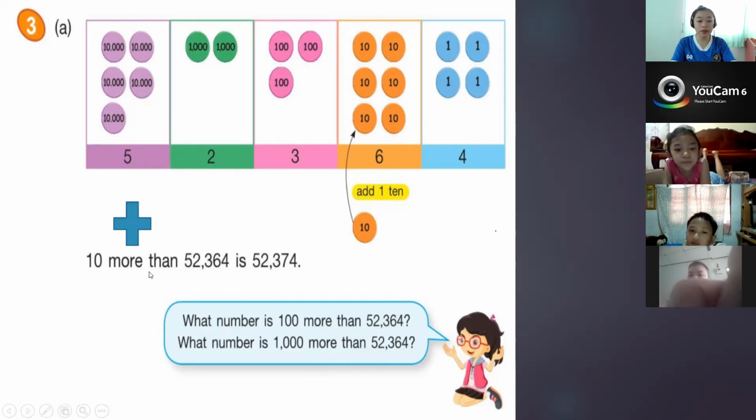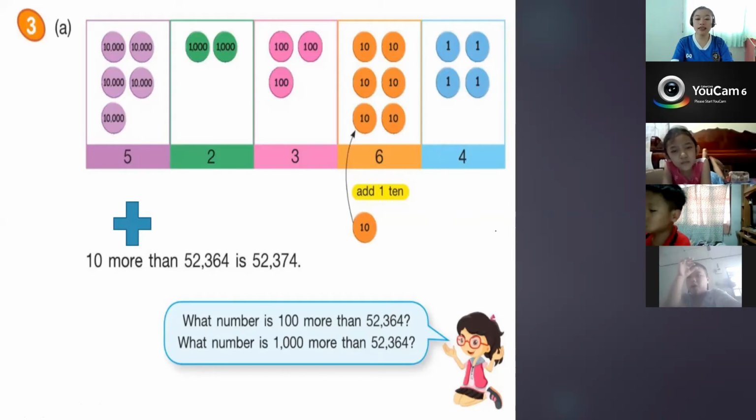Okay, so let's proceed to this question. Okay, students, we have here 2 questions. What number is 100 more than 52,364? So what you're going to do is add 100 to 52,364.